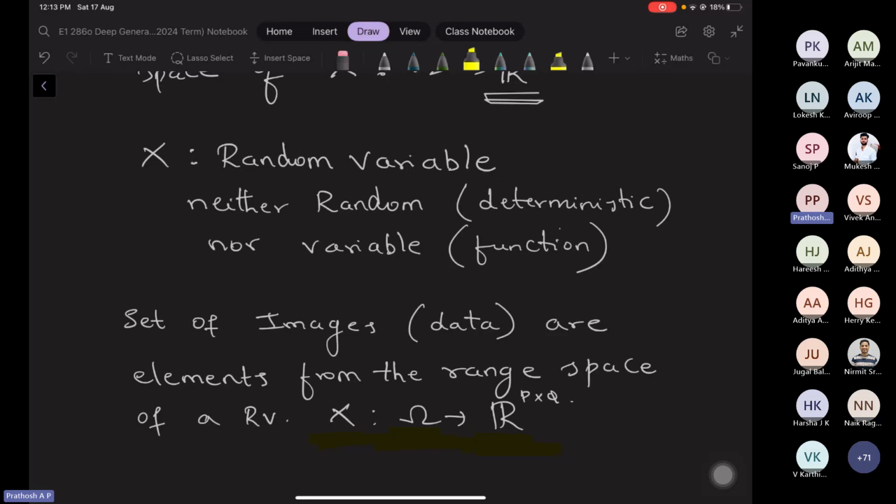Now, the next step is, because we have a measure defined on the sample space, or on subsets of the sample space, that measure gets translated into some sort of function under the random variable X also.